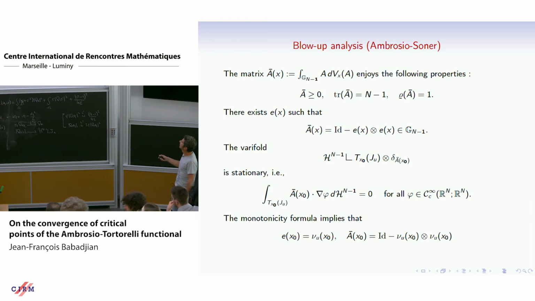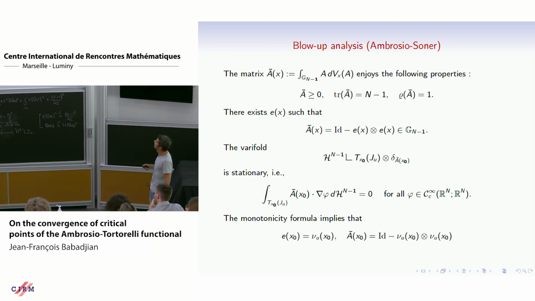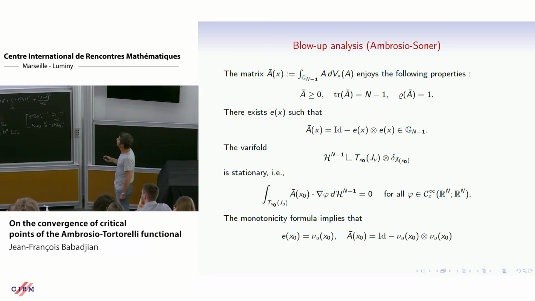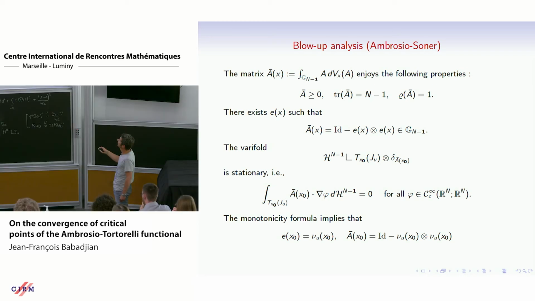There are, first of all, several algebraic properties that I can prove on this matrix, capital A bar. It's not obvious, but it's not difficult, to prove that this is a non-negative matrix, that its trace is equal to n-1, where n is the dimension, and that the spectral radius of this matrix is equal to 1.